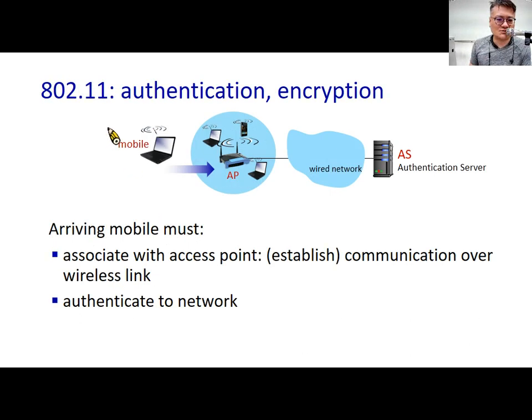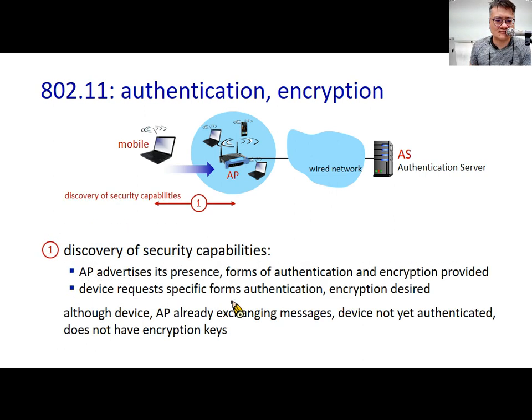For example, wireless mobile: between the AP and the authentication server, encryption and authentication for wireless. A wireless mobile must authenticate with the access point and establish communication over the wireless link, authenticating to the network. So the first step, the mobile discovers and establishes security with the AP and the authentication server.